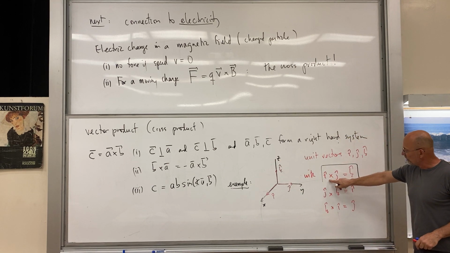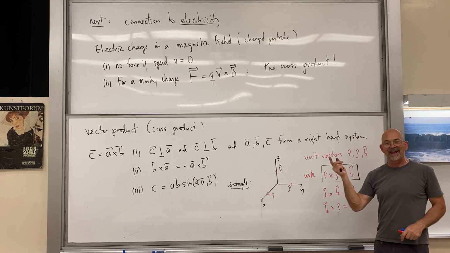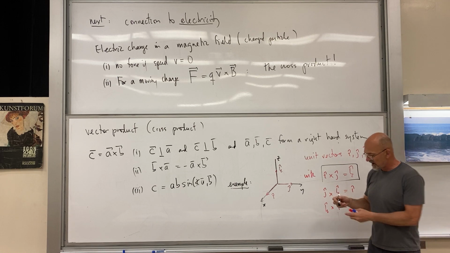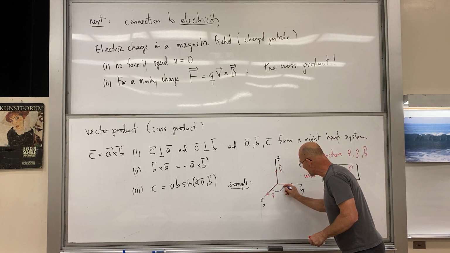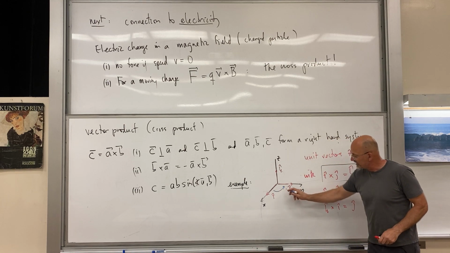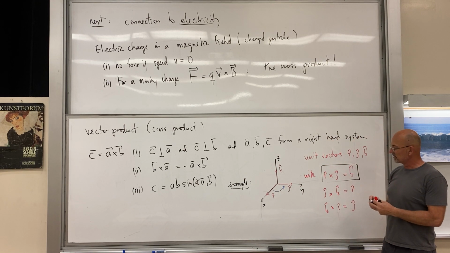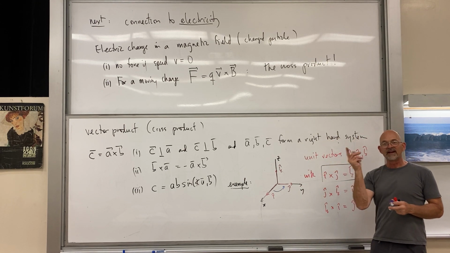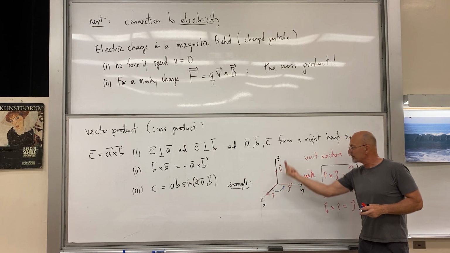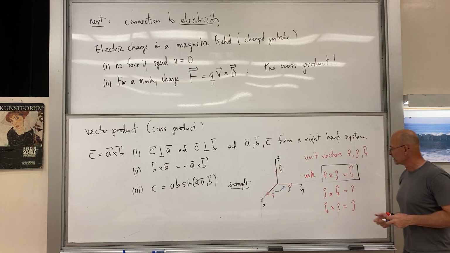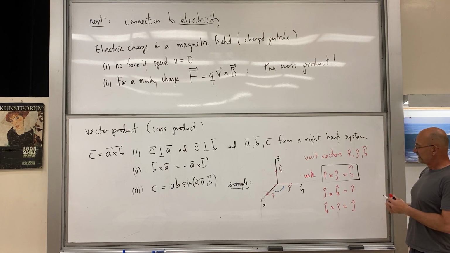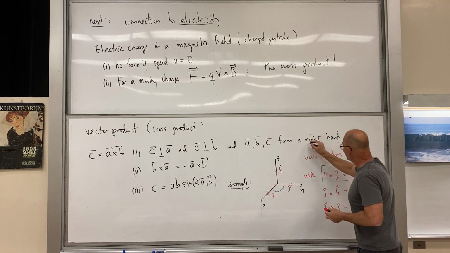Well, that's just like turning a right hand thread. So if I turn I hat into J hat, you can hopefully recognize that that's a right hand thread, and that would extend up in the K hat direction if I twist something, right? So that's what it means for it to form a right hand system.